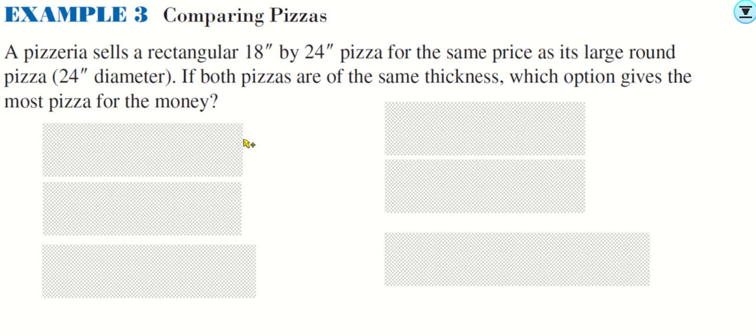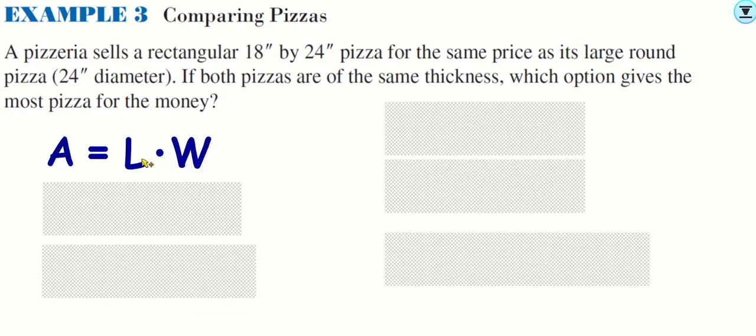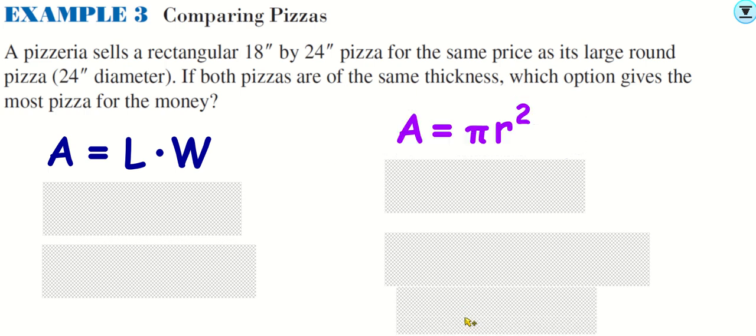You'd set up some equations, or in this case formulas. You just have to remember the formula for the area of a rectangle, and the formula for the area of a circle. Length times width is the area of a rectangle, and the area of a circle is pi r squared, r being the radius.